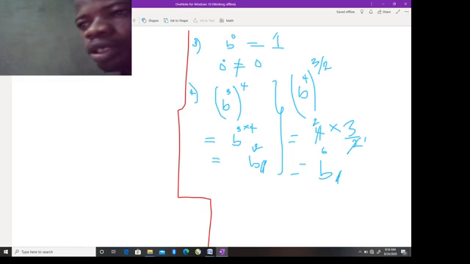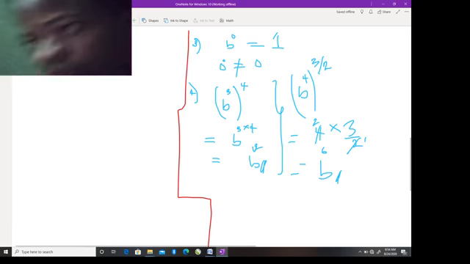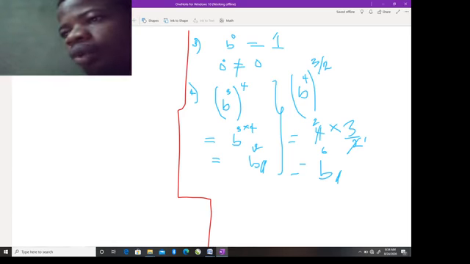That means this negative sign forms the inverse. We have 1 over b raised to the power of 1. So this 1 is still the power of b, but there's a negative value the power is carrying, and that negative value is what forms this inverse. So you still have 1 over b raised to the power 1, which is still b.